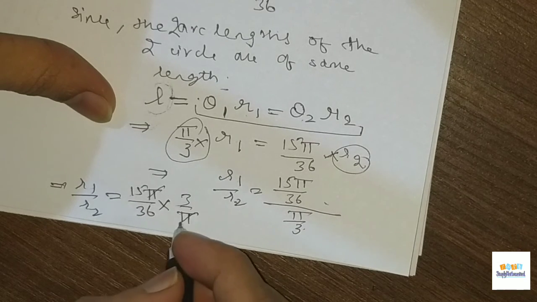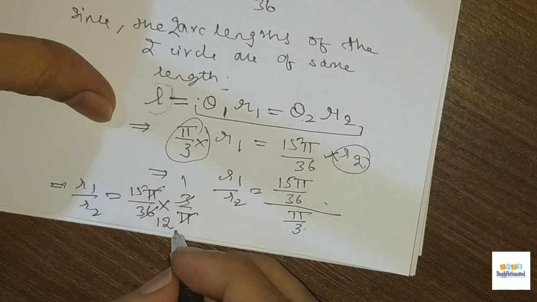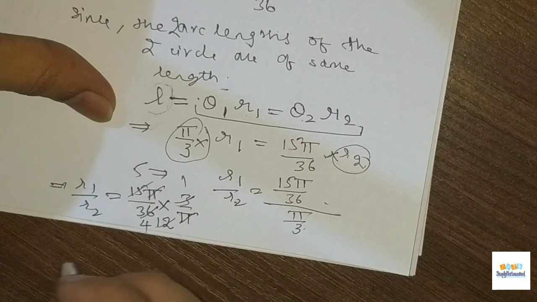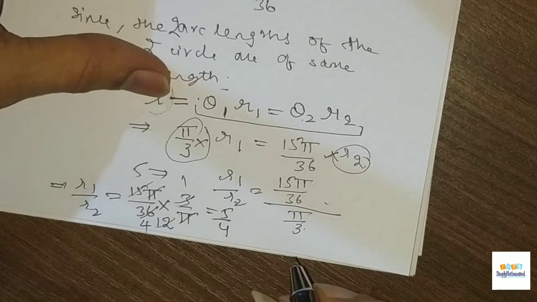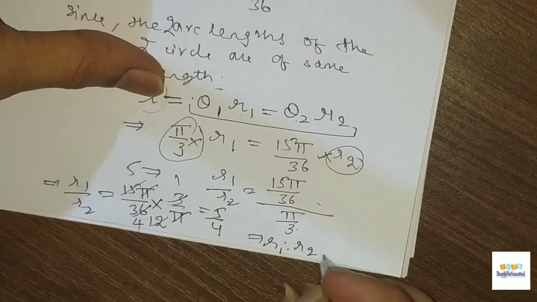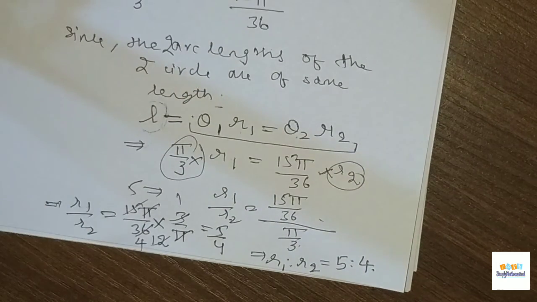Pi and pi get cancelled, 3 ones are 3, 3 12s are 36, 3 5s are 15, 3 4s are 12. So R1 by R2 is 5 by 4. We had to find the ratio, so R1 is to R2 is 5 is to 4.